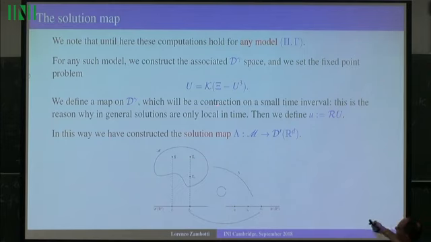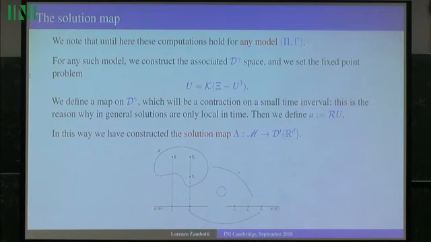Unfortunately, in order to make this a contraction, you need something which is less than 1, okay? And this is not the case in general unless you consider a small time interval. So this is where you have this restriction, which seems to annoy several people, and it's legitimate.